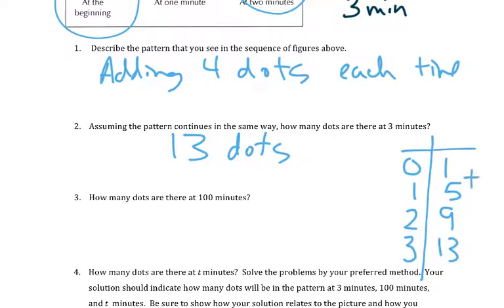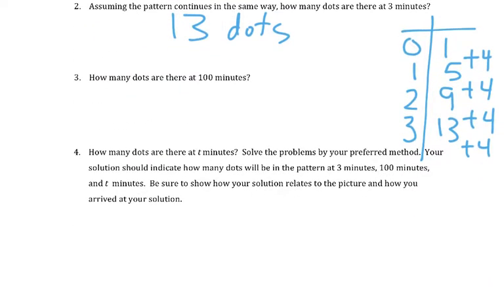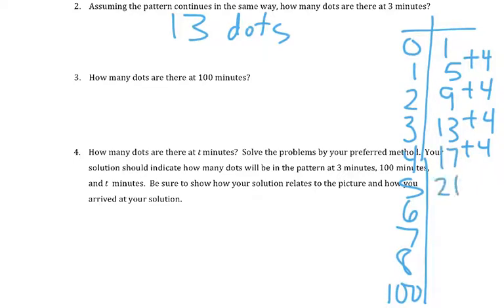So we should be able to see we're adding 4 dots each minute. I could keep going on this table until I get clear down to 100, and that would work. That would be a way that we could figure this out. The problem is that's going to take me some time, isn't it?